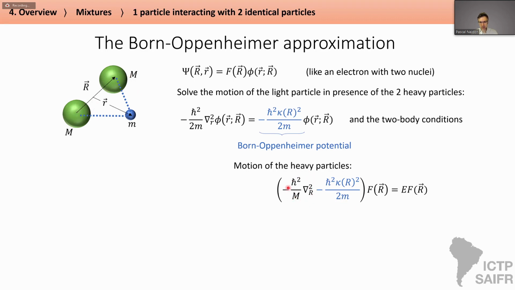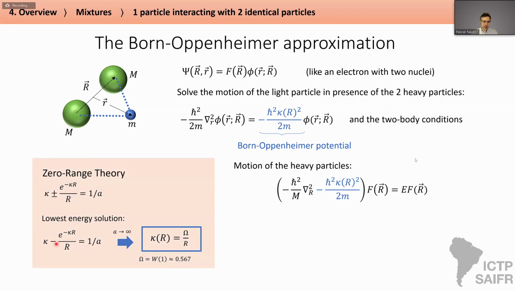Now we have the kinetic energy between the heavy particles and this Born-Oppenheimer potential, which is essentially the energy of the light particles in the presence of these heavy particles. So this is a two-step process, and then we can solve this Schrödinger equation for the heavy particles, and we solve the problem in this Born-Oppenheimer approximation.